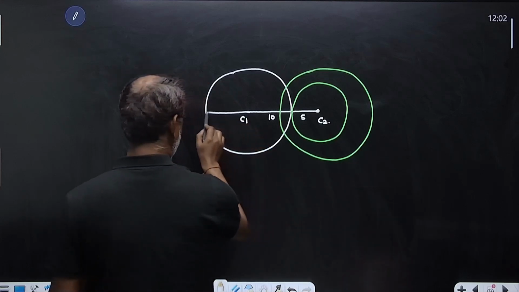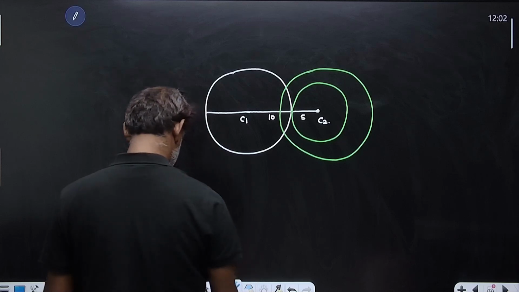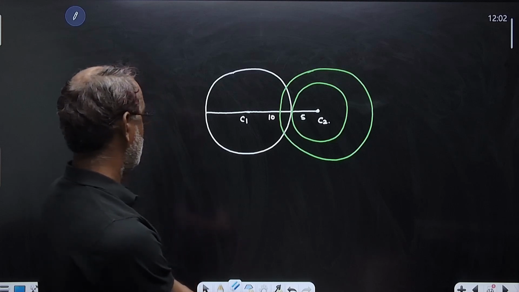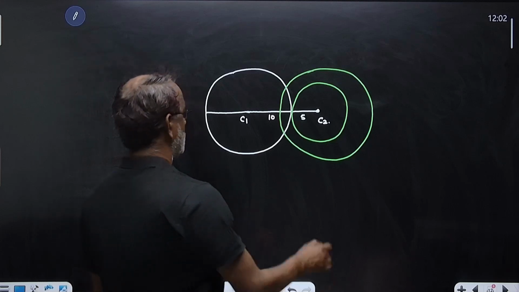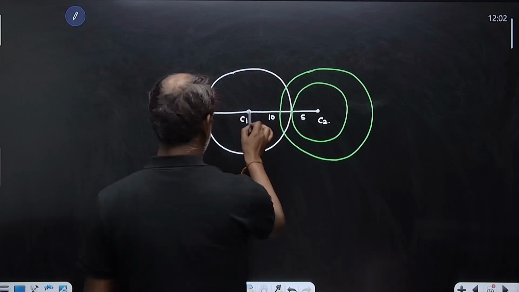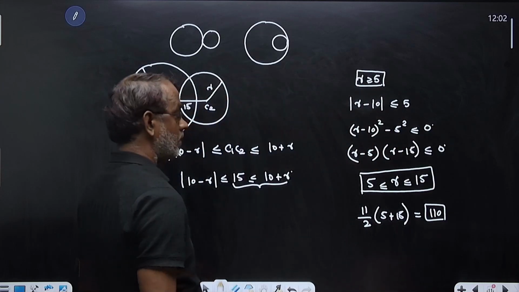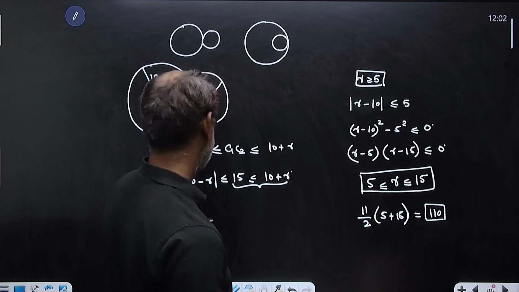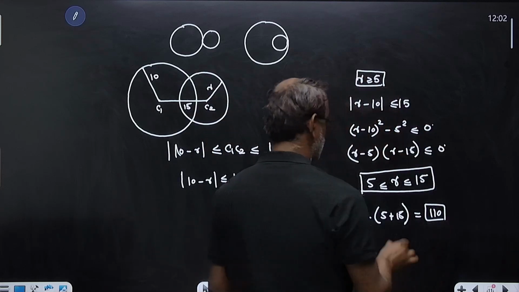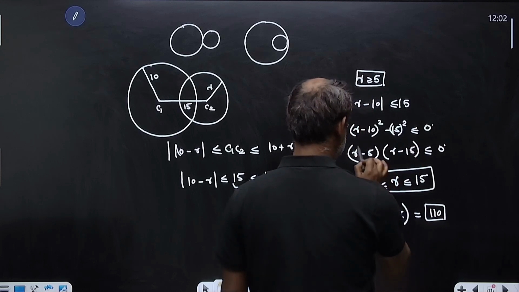And what is the maximum possible that we can go for? With C2 as center, this is 15. Did I make some calculation error? This is 15, sorry. Oh, this is 15 square.